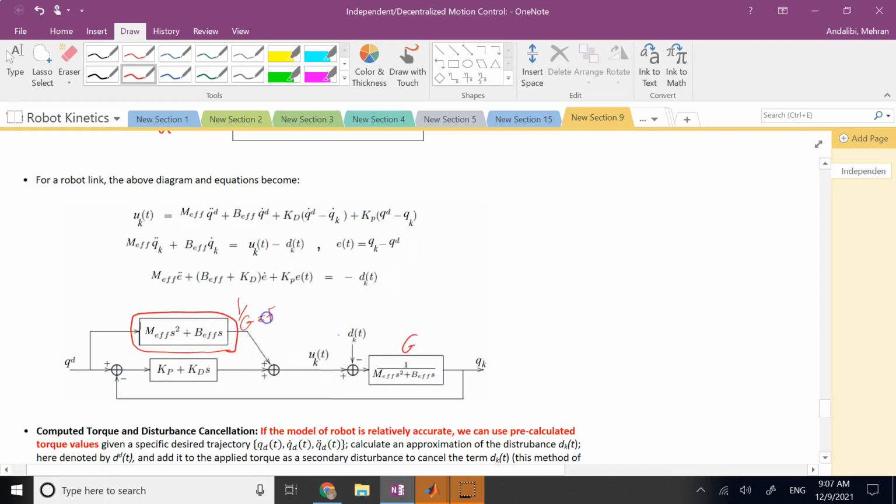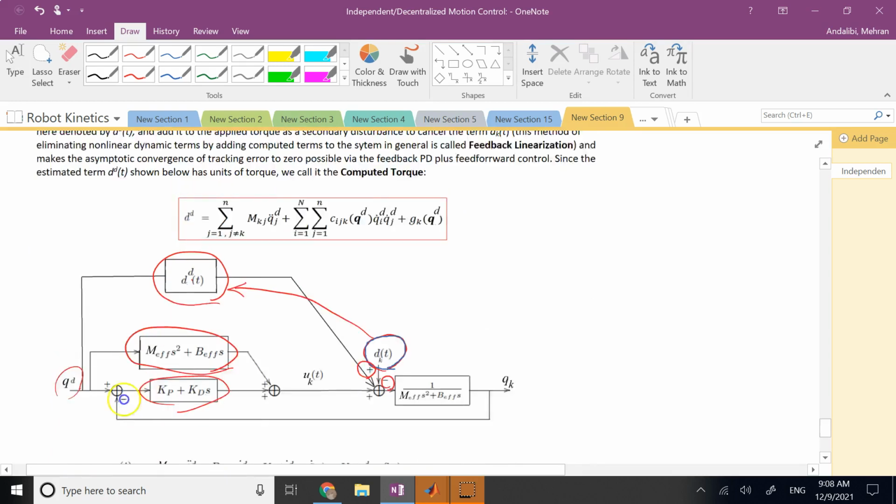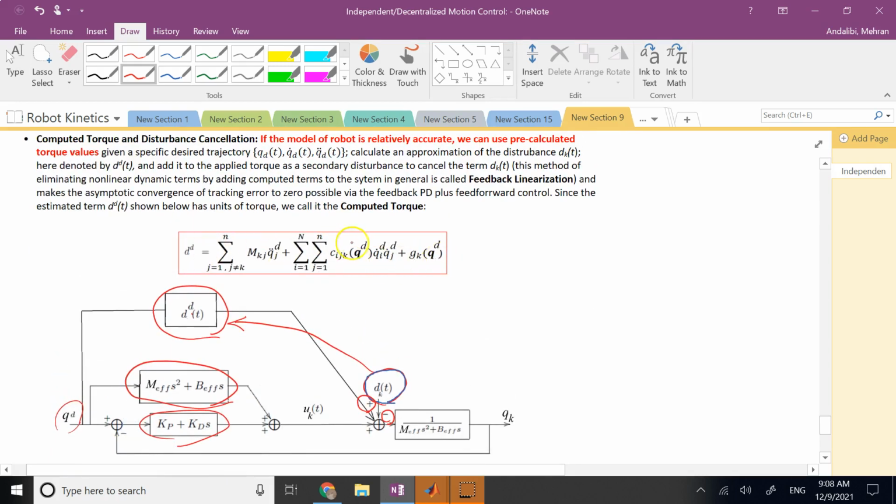That is already determined. For the h, for feedback, we use a PD controller, or we can also use a PID controller if we want, if you still see there is some tracking error going on. So that's clear. And now, how do we approximate dk and call it dd and plug it in? If you look at the formula for dd, it's exactly the same as dk, except for one thing.